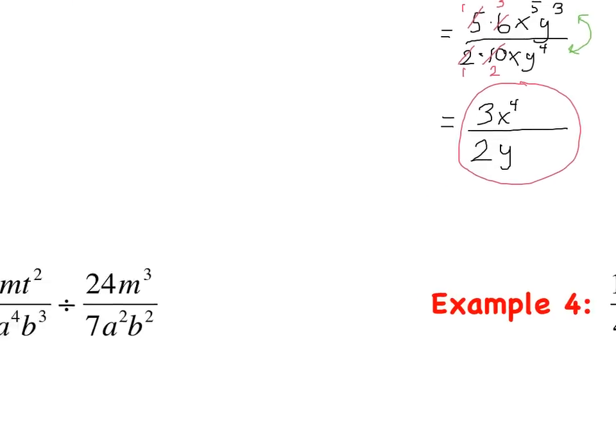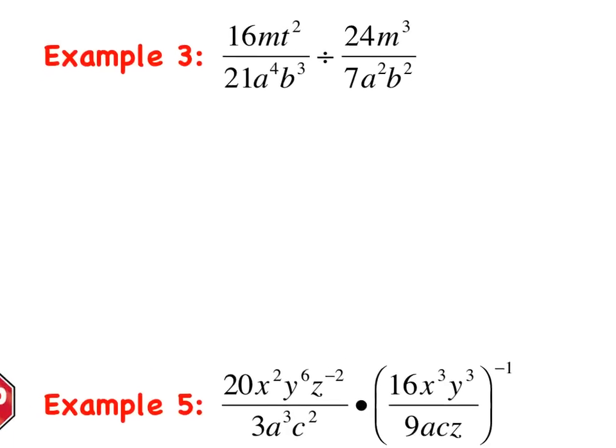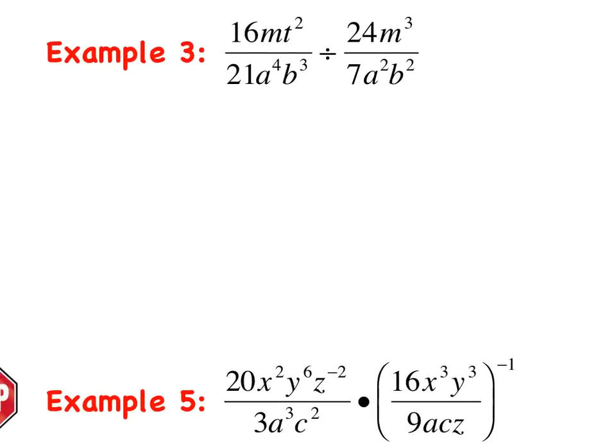Okay, here we go. So as you notice, these next 2 examples are dealing with division. Okay, so we've got this division. And what did we say up above? Instead of dividing by a fraction, we multiply by the reciprocal. Okay, so we're going to multiply by the reciprocal and change this right away.